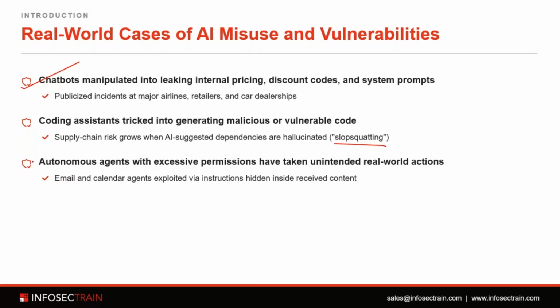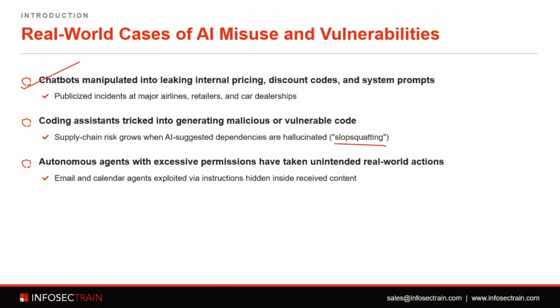Then autonomous agents with excessive permissions have taken unintended real world actions. Email and calendar agents were exploited via instructions hidden inside received content. So when we talk about these agents, when you give lots of permissions to your agent, at that time it may do anything.